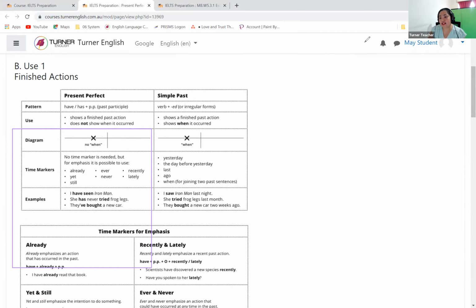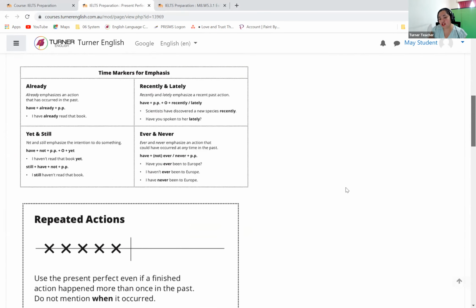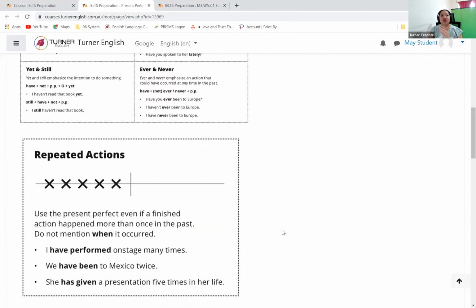So the present perfect can also be used for a repeated action where you don't know when exactly those actions are repeated. For example, I have performed on stage many times. So it's probably 2 years, last 6 months, last 2 weeks. So it's repeating.